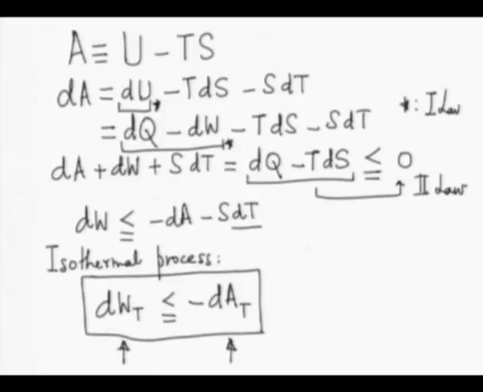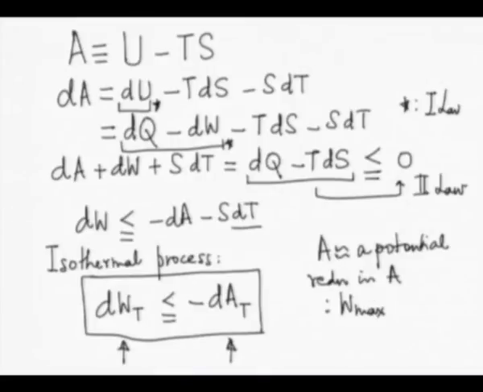So we can say that A is like a potential, or A is similar to a potential. Reduction in A represents maximum work, because this is less than or equal to, for an isothermal process.